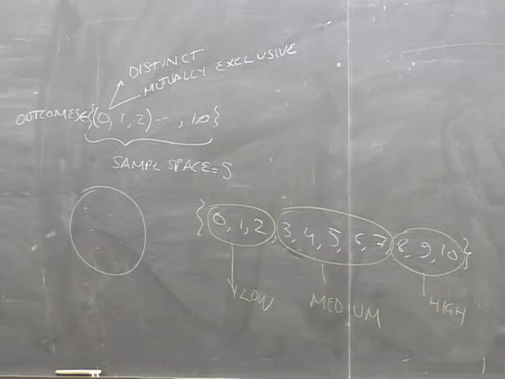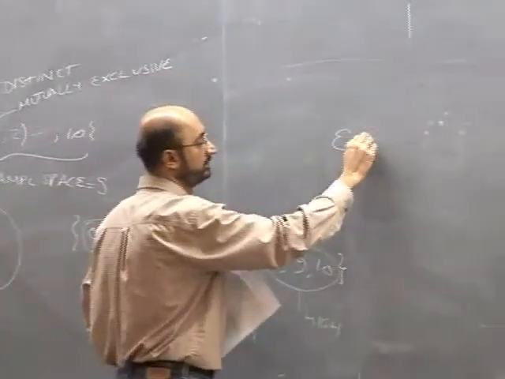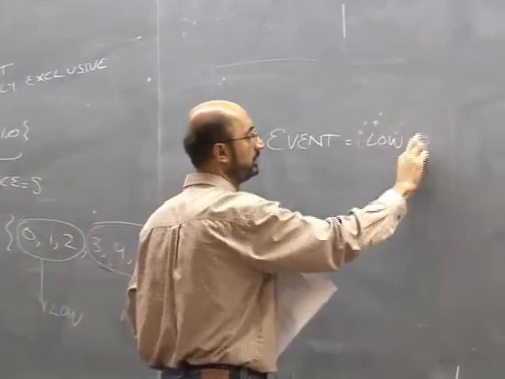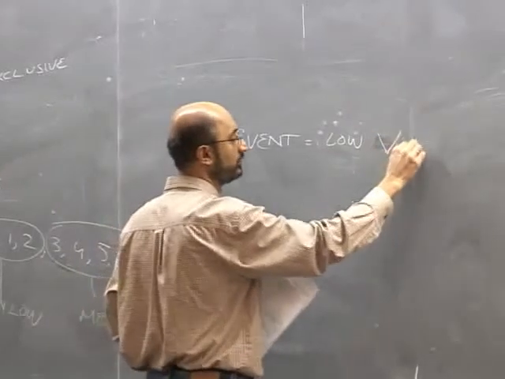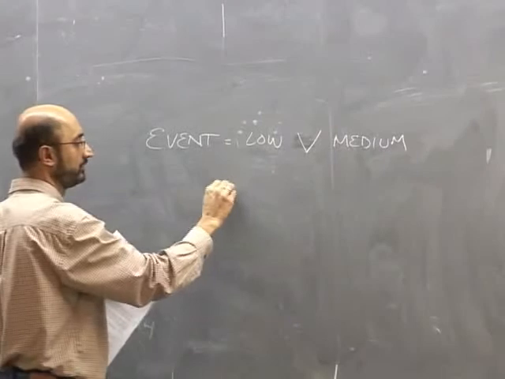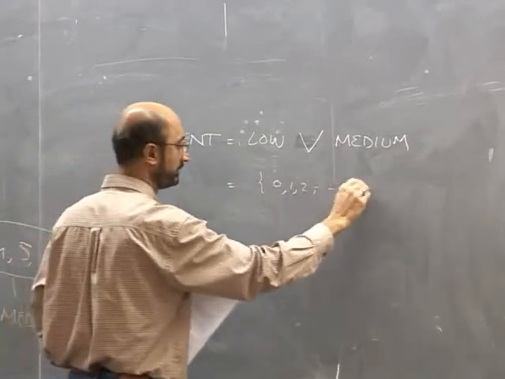Then we talk about this notion of conjunction of events. So what about the event low or medium? That low or medium is nothing more than 0, 1, 2, all the way up to 7.